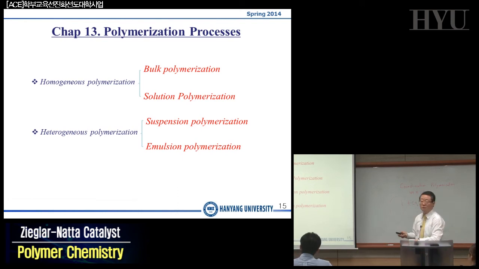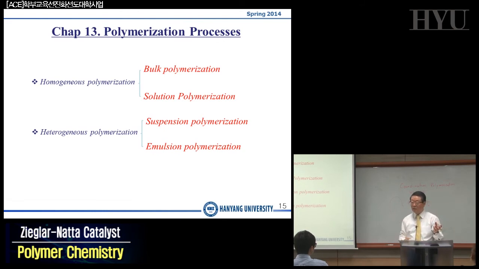Solution polymerization system is the one where you have a monomer, initiator, and solvent. Solvent could be put into your polymerization systems, but there are advantages and disadvantages, of course.